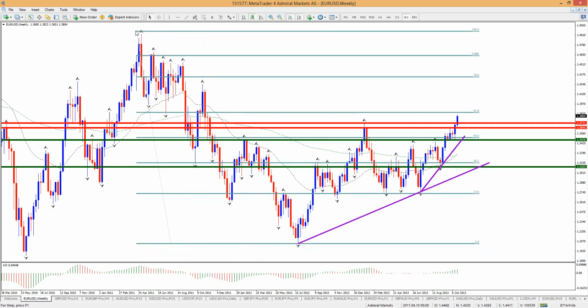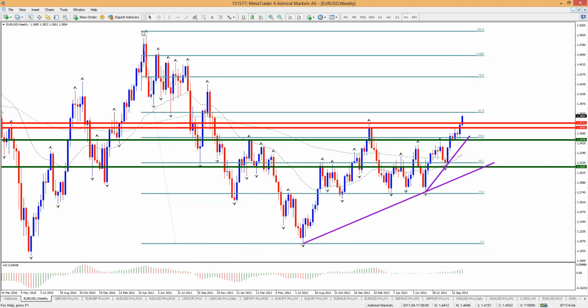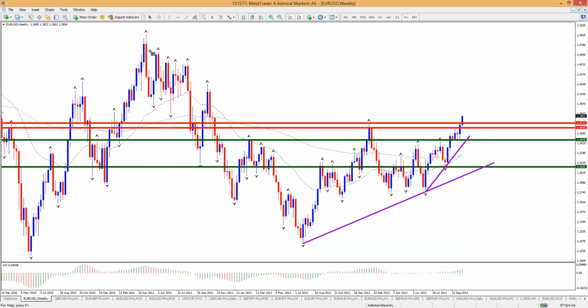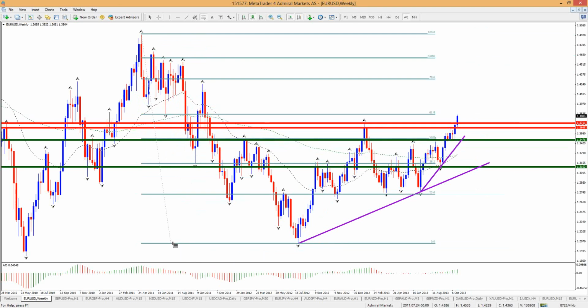One second, let me redraw that fib. But, and here's the but, the 618 on a weekly chart is not a precise level. Yes, it does have a precise level.